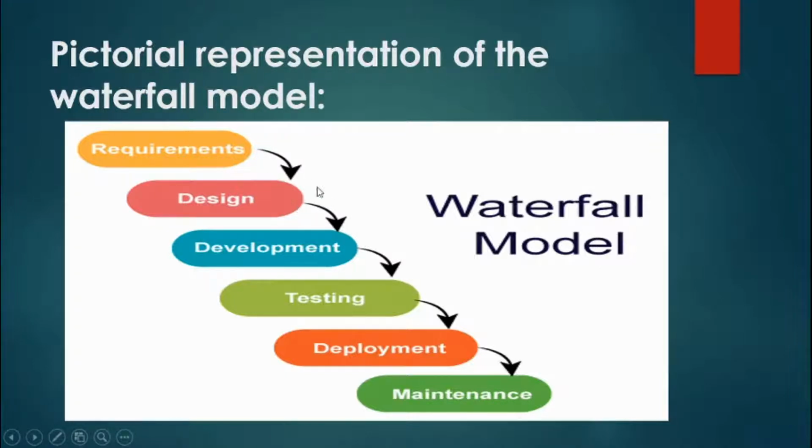You can't directly jump to the third phase without completing the first and second phase. Also, you can't start two phases together, like requirement gathering and the design phase. First you have to complete requirements, then only you can come to design, then development, then testing, then deployment and maintenance.